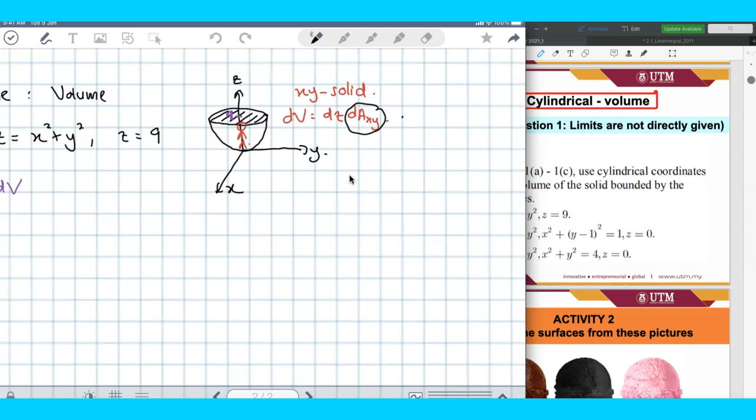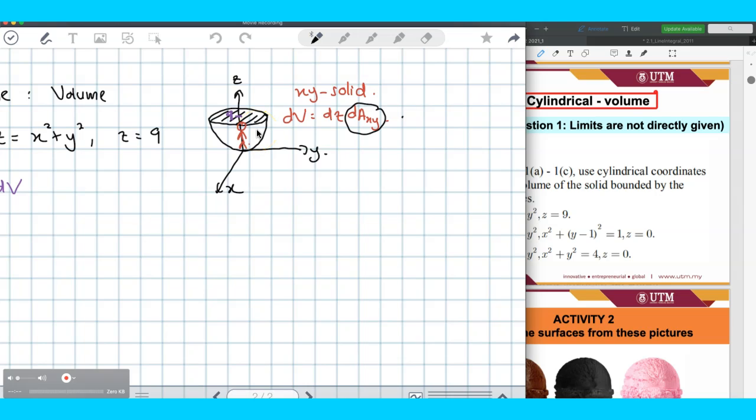Talking about the region, what is the region? The region is the dominant curve that you can see on the xy plane. That's why last time I told you that you stand inside the solid to determine your lower bound and upper bound.